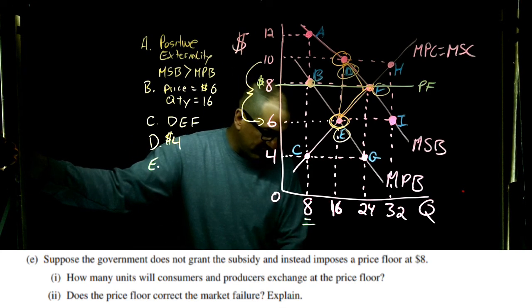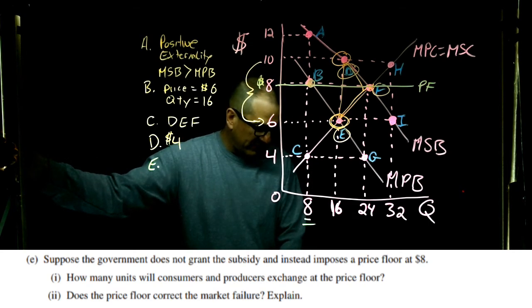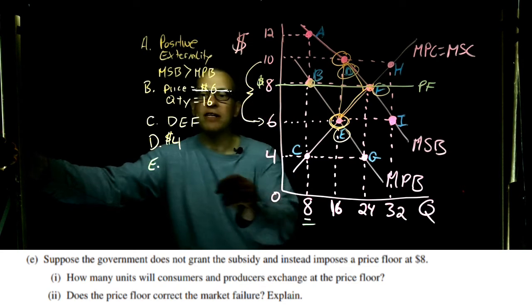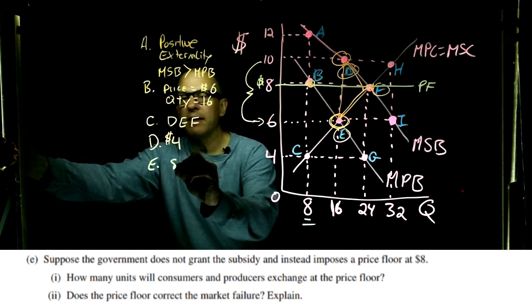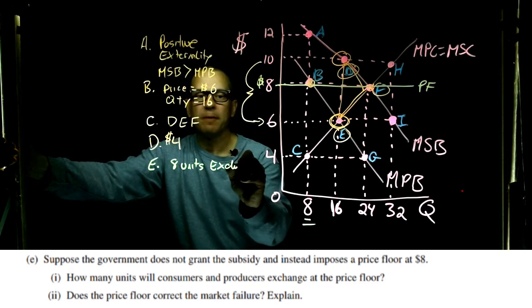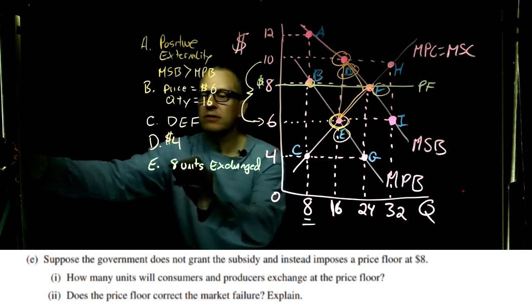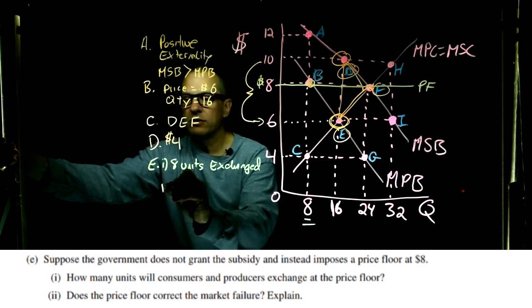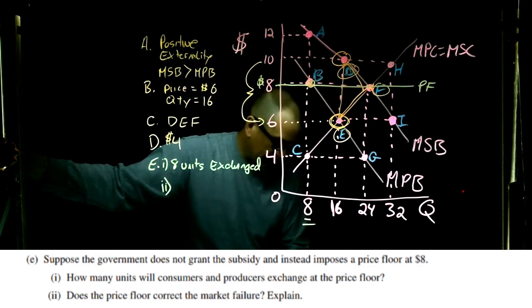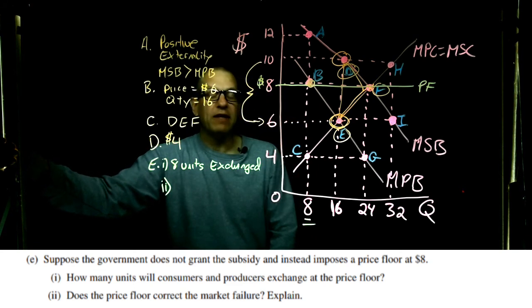So it asks us, suppose that the government does not grant the subsidy and instead imposes a price floor at $8. How many units will consumers and producers exchange at the price floor? Well, 8 units exchanged. That's for 1. For 2, it says, does the price floor correct the market failure?